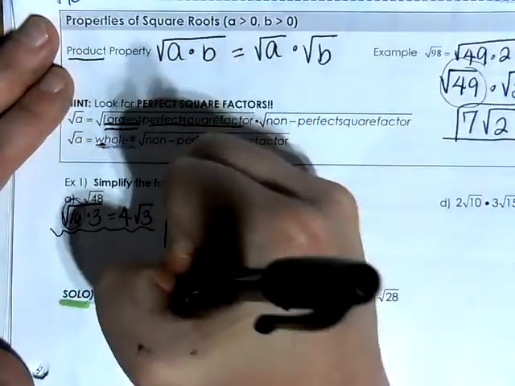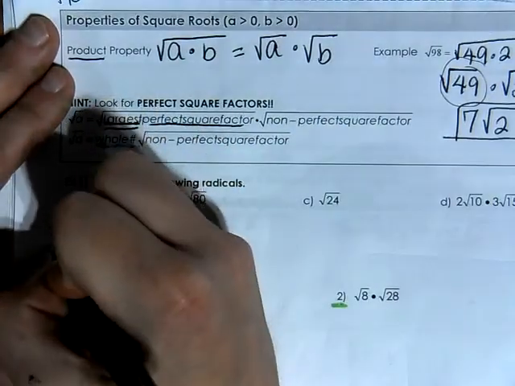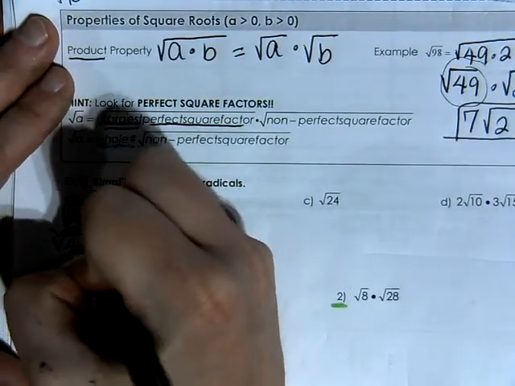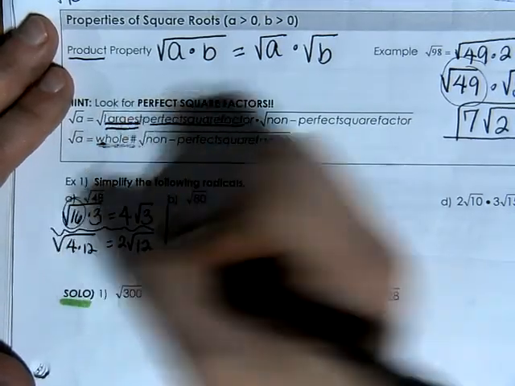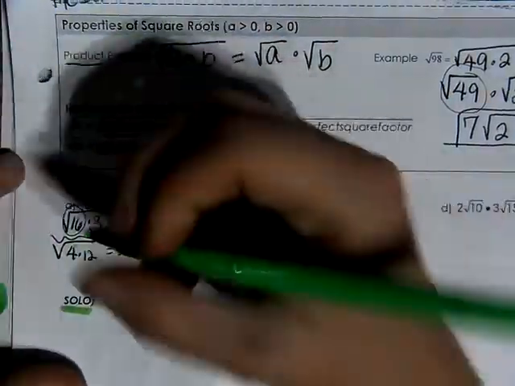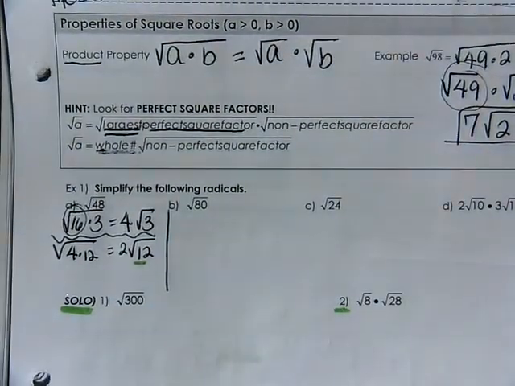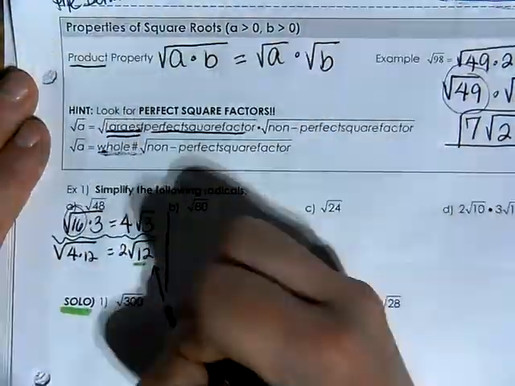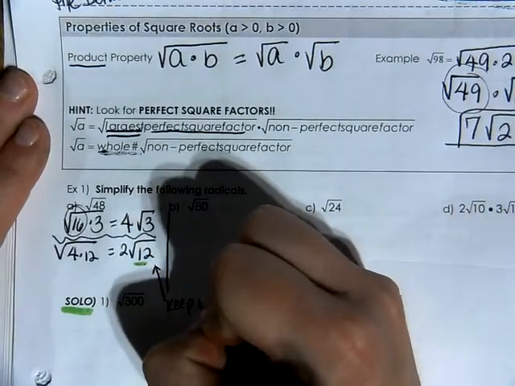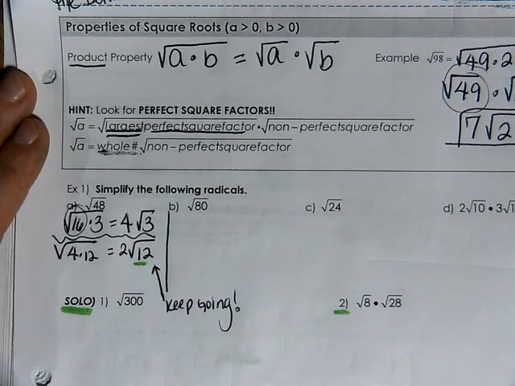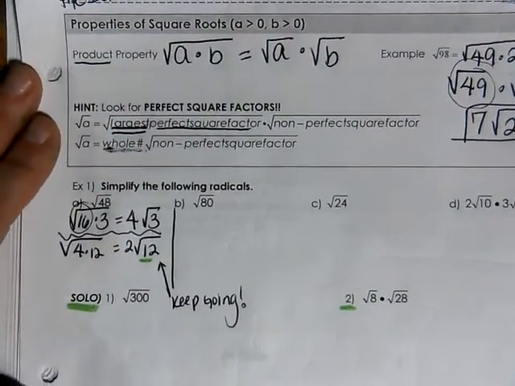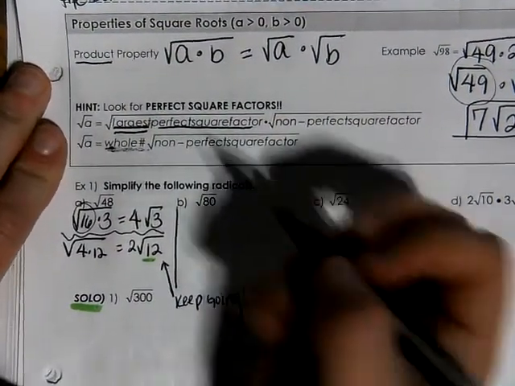Let's say that you missed that. Let's say you saw 4 and you made this the square root of 4 times 12. That's perfectly fine. You'd end up with 2 square roots of 12, but because 12 has a perfect square factor in it, you have to keep going. Because your job is to fully simplify these radicals so that they have no more perfect square factors underneath them.